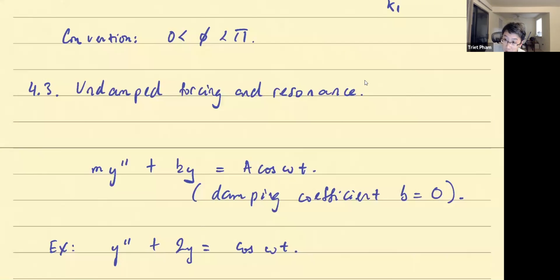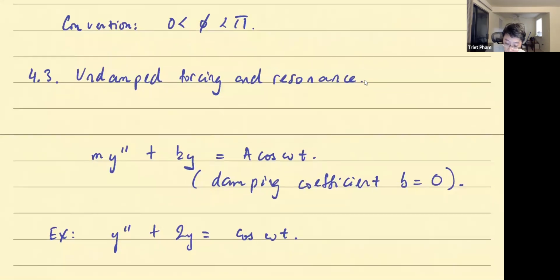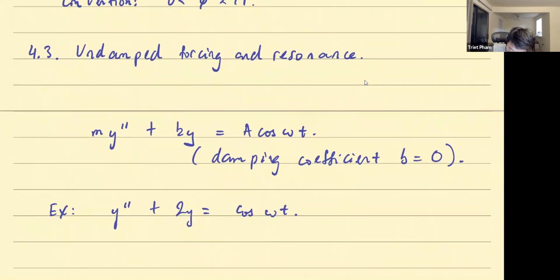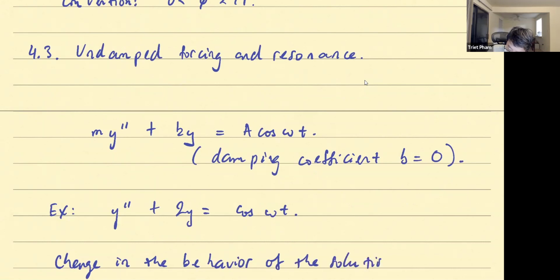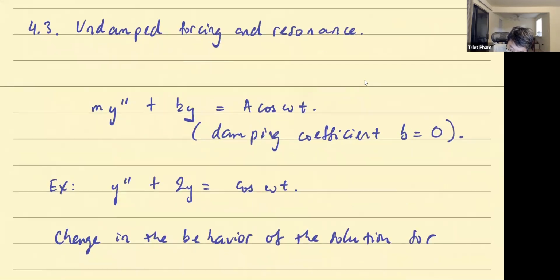The thing we want to study here is the change in the behavior of the solution for different values of omega. Okay.